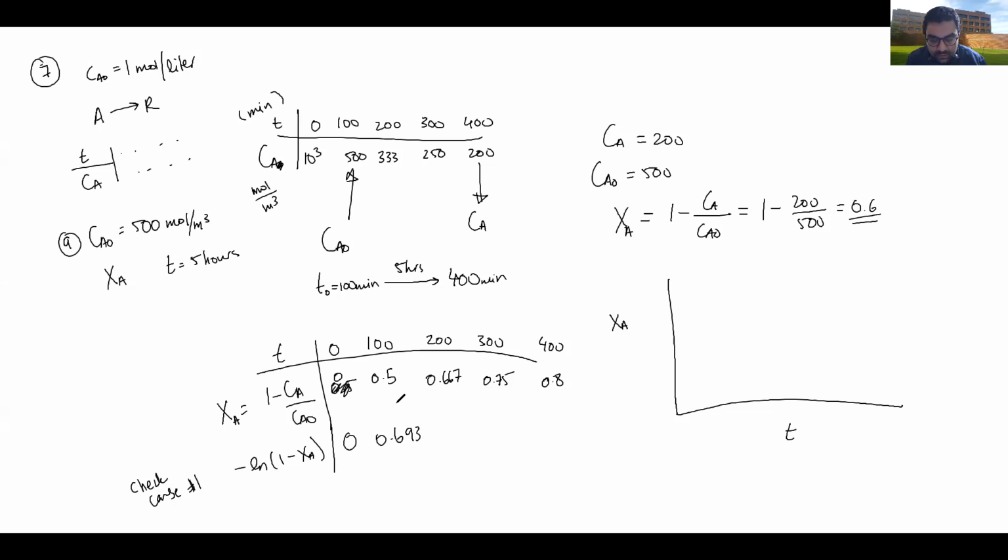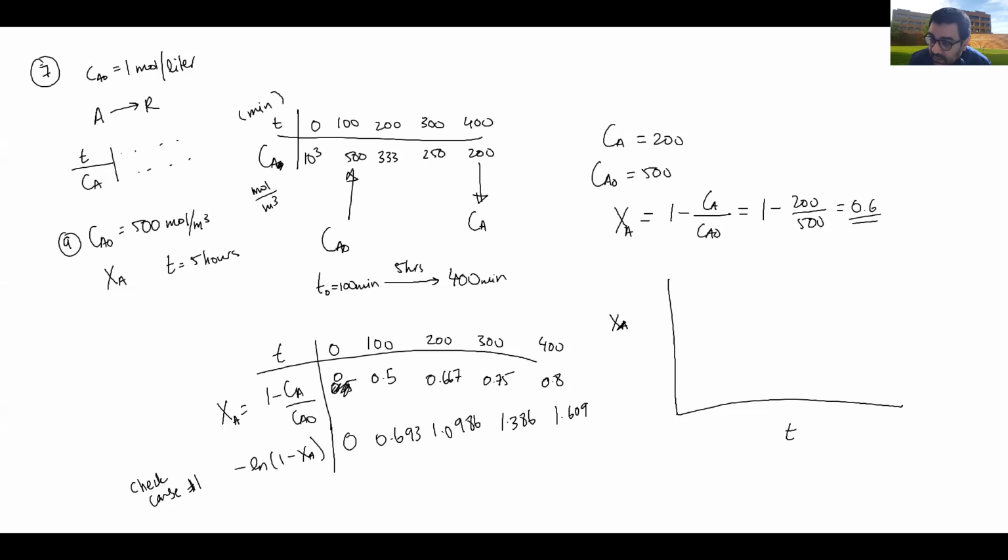Ln of, in this case I'm getting 1.09186. In this case 1.386. And for the last one, 0.2, I'm getting 1.609. Right?